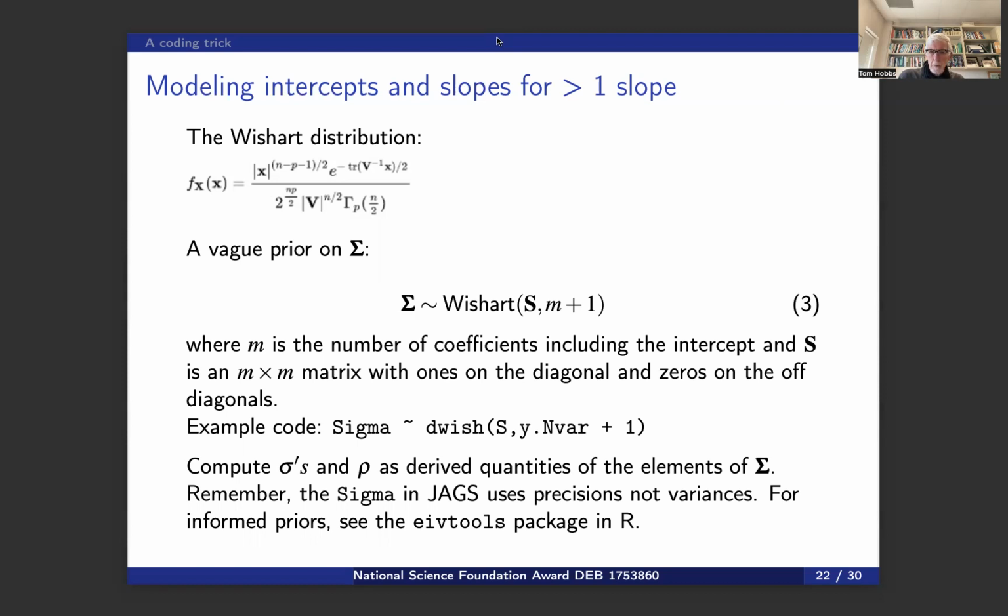And m is the number of coefficients in the model. If we want the variances and the correlation coefficients, then we can compute those as derived quantities of the elements of sigma if we include those derived quantities in our JAGS code. But we do need to remember that sigma in JAGS and in OpenBUGS uses precisions, not variances. So those have to be transformed.